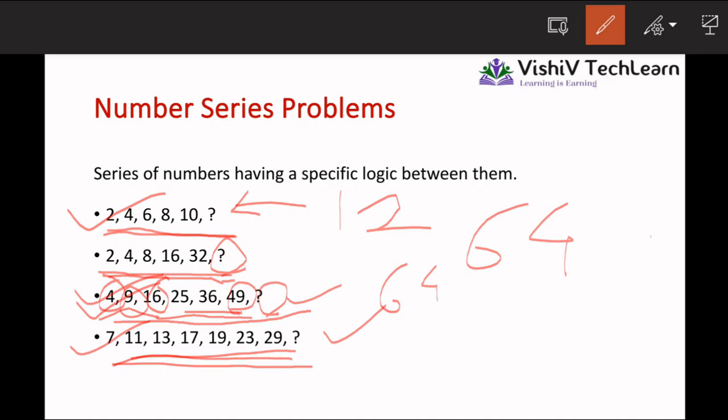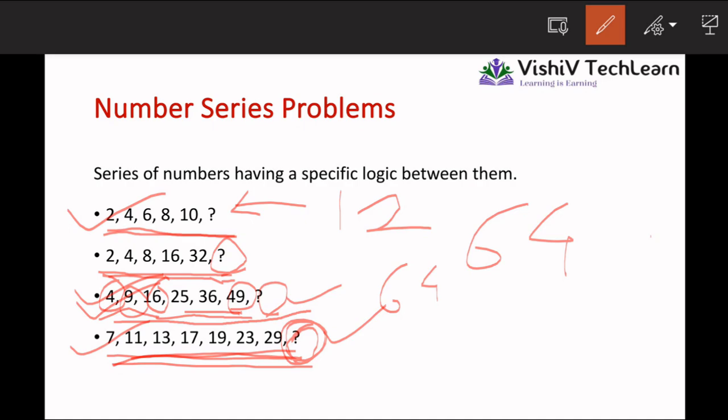Try to find out what will be there in place of question mark. And once you have tried for this, if you got the answer, that's very good. If you didn't, no worries. We are going to talk about the golden strategy, golden tip, how to solve the problems of number series. So my request will be, go through the video, watch the video fully.